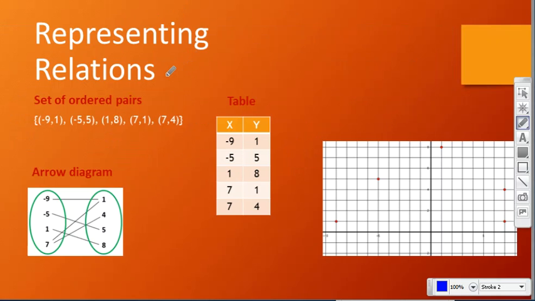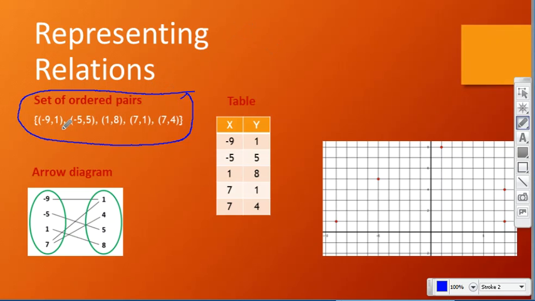There are different ways that we can represent relations. Okay, so if we have this relation, which is this set of ordered pairs, the x and the y values are elements of this set. The domain is the x values and the range is the y values.